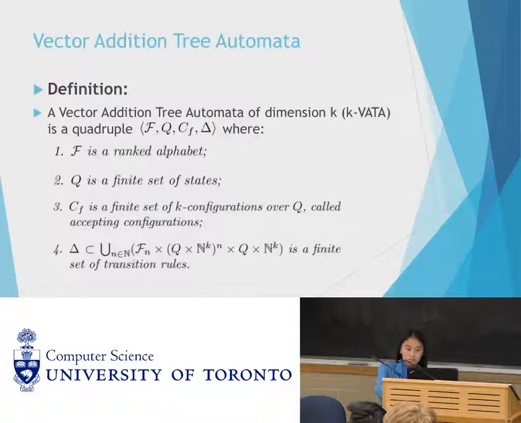Next, vector addition tree automaton is a kind of automaton. I think the difference between vector addition tree automaton and a normal DFA or NFA is that we actually augment vectors to each state.